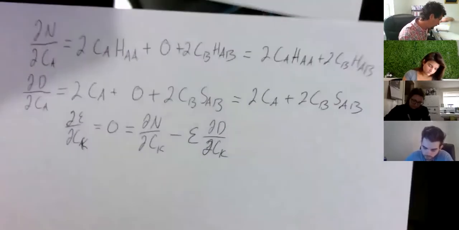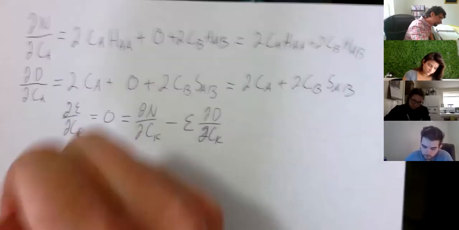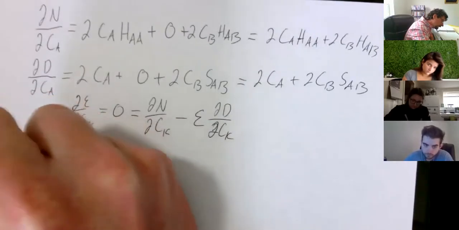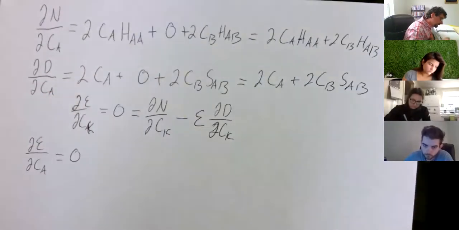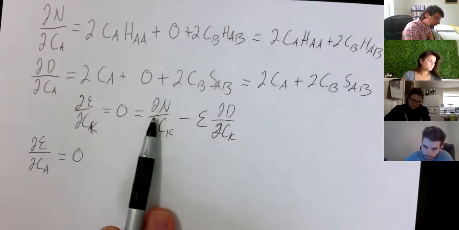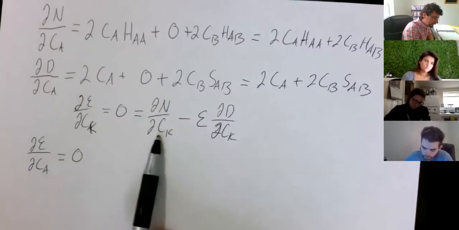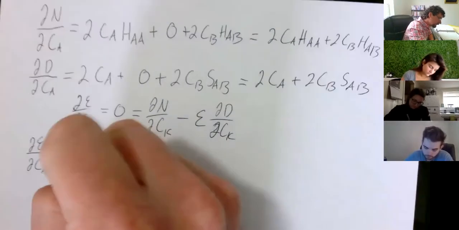Okay, so let's take those and plug that stuff in. So we get 0, which is also equal to E CA. So we need the derivative with respect to n, or n with respect to CA first.